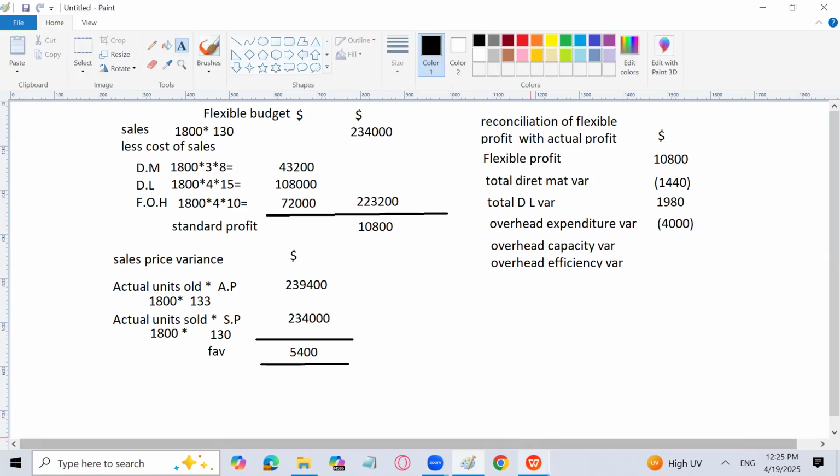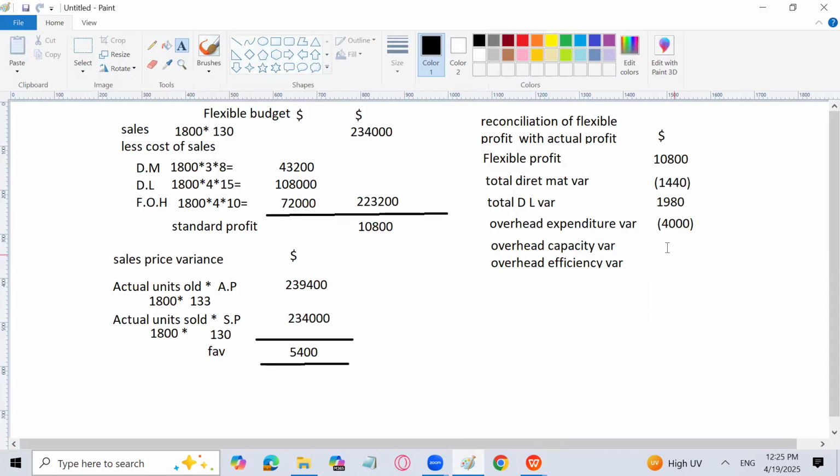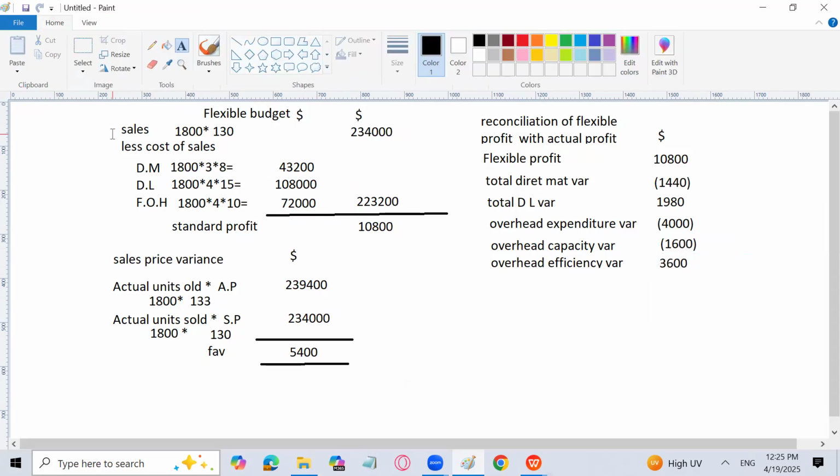Because it is not given, I will use both variances together. Fixed overhead capacity is 1600 adverse, and efficiency is 3600 favorable. So 1600 adverse is going to be subtracted and 3600 favorable is going to be added, and then you will find the profit which you require, which is the actual profit.